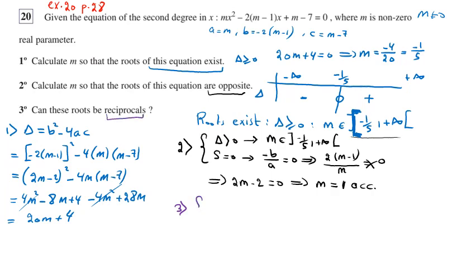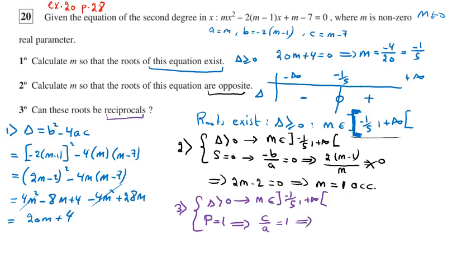Reciprocals, the condition of the reciprocals, delta should be positive and the product is equal to 1. This condition, m belongs to minus 1 over 5, plus infinity. Product is equal to 1 implies c over a is equal to 1.